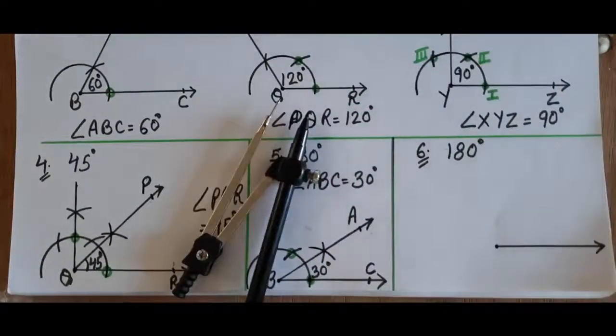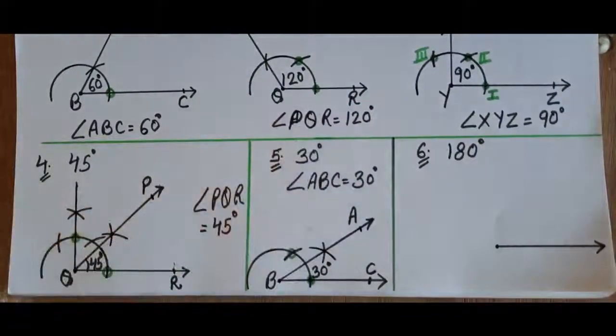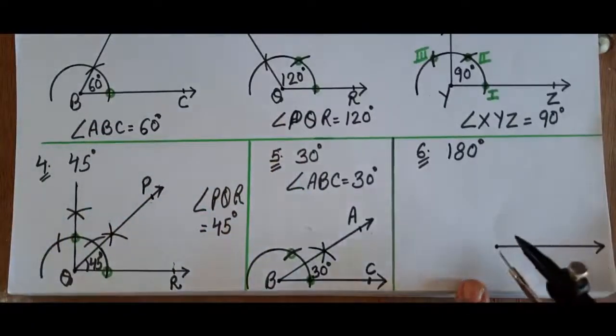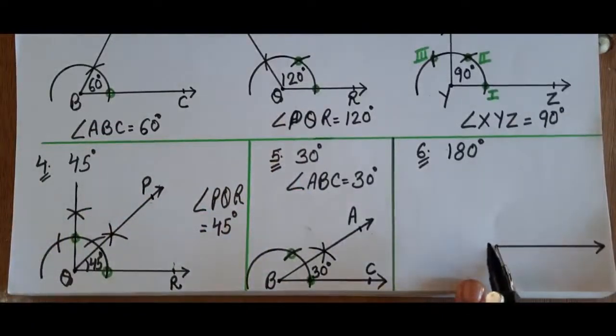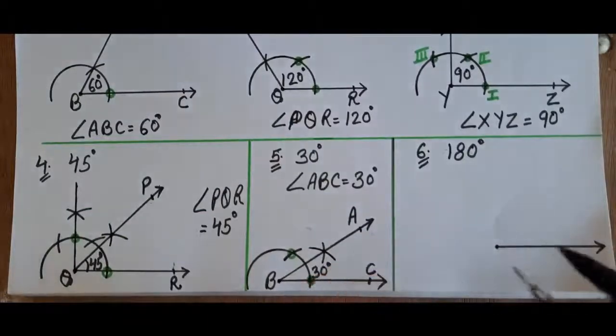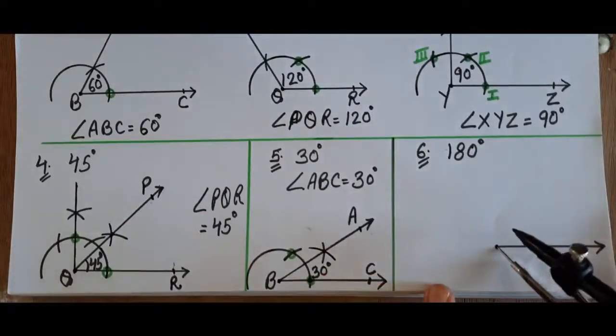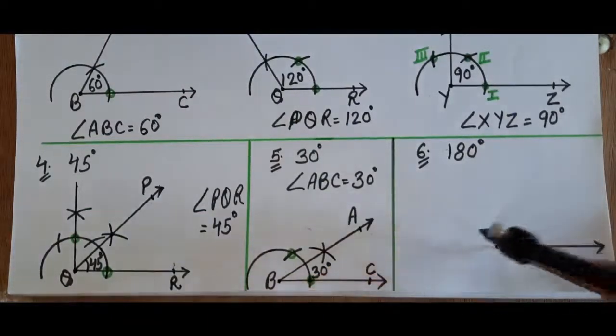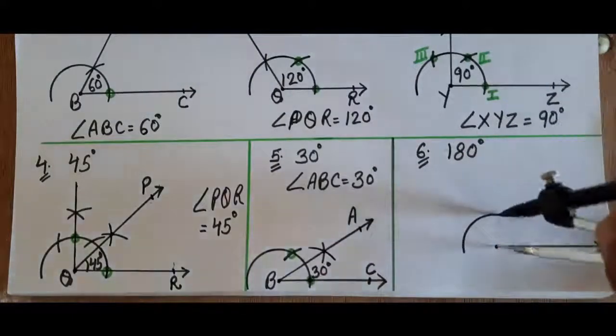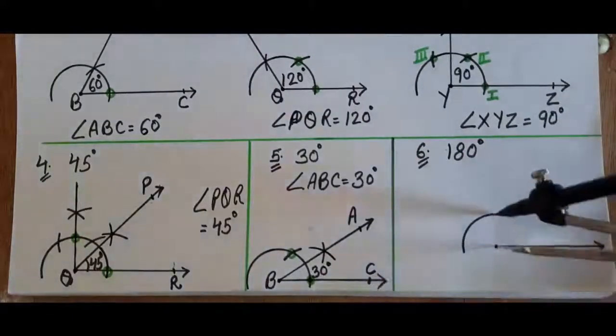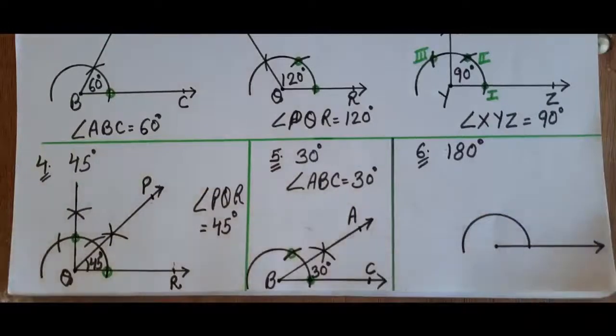For this again you will draw a ray. Keep your compass point at this end point of the ray. Open your compass to some extent and keep it at this point and draw a semicircle.